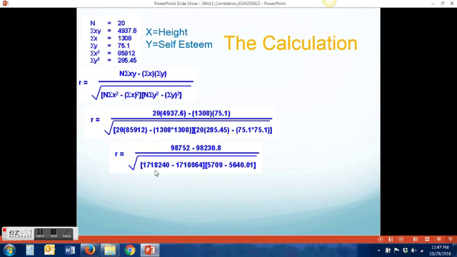Alright, so we've come up with these two products. We're going to subtract them from each other. We're beginning to calculate some of the values underneath the square root.